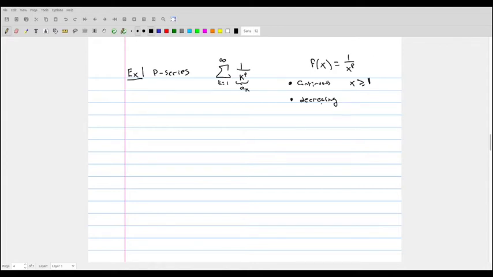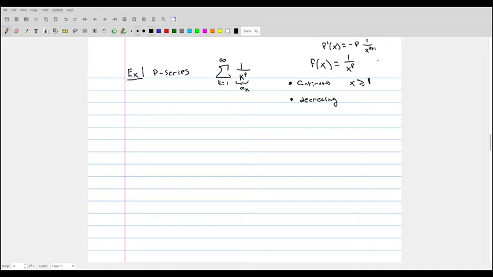We take the derivative of this function, you get that f prime of x is going to be negative p times 1 over x to the p plus 1, or x to the negative p plus 1.